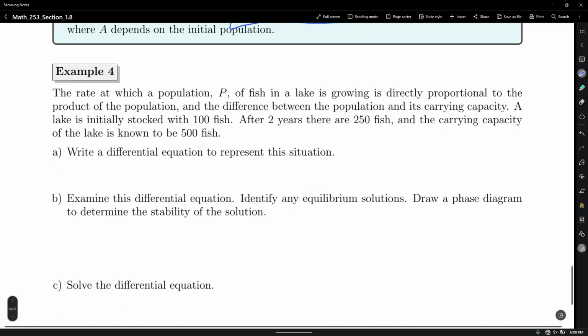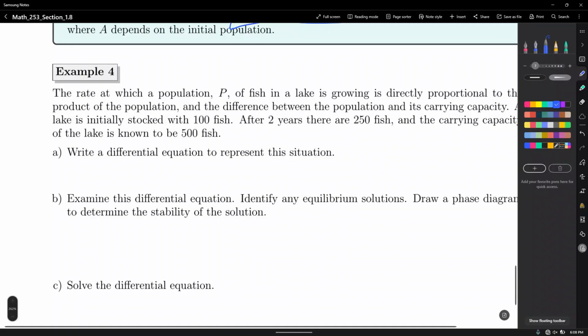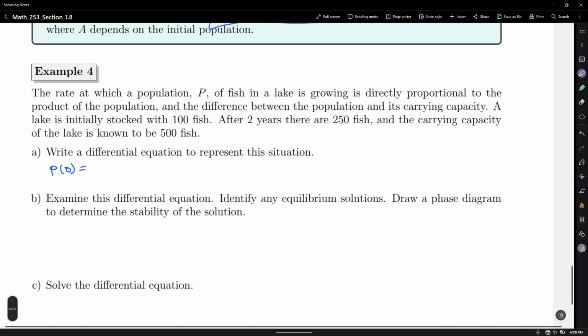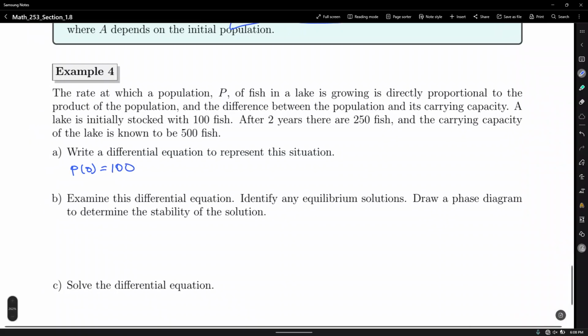Number one, write a differential equation to represent this situation. And we're going to talk about the stability of the solution. They're telling us that P of 0, the initial population, is 100 fish. P of 2, that is after 2 years, we have 250 fish.